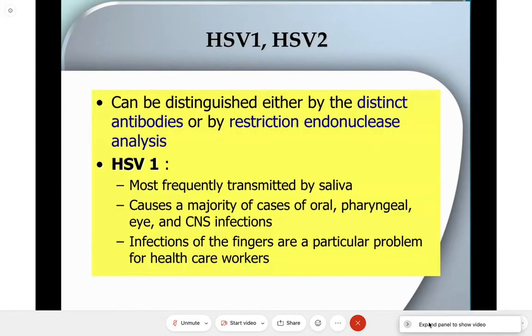I'm not going to talk in detail about this. Herpes simplex virus type 1 and 2 are very similar, and if you would like to identify them, you can use restriction endonuclease enzymes to analyze.